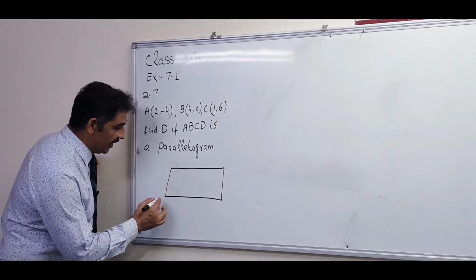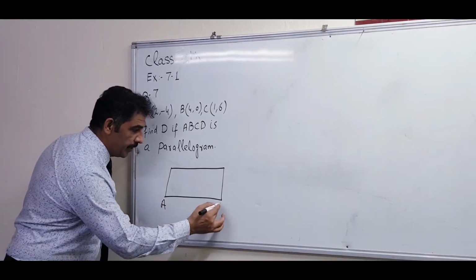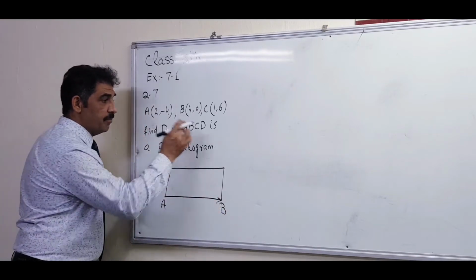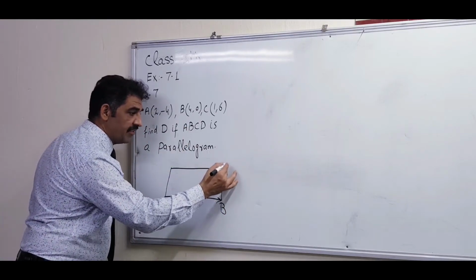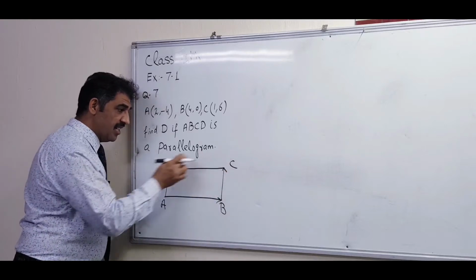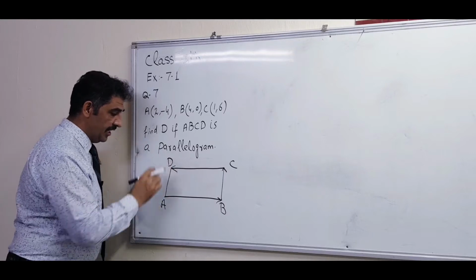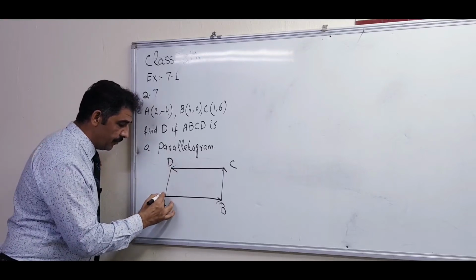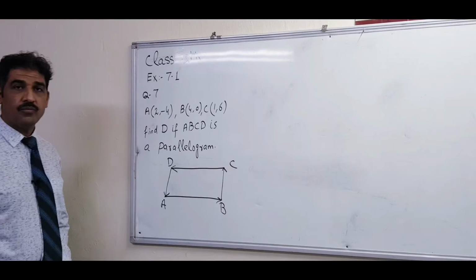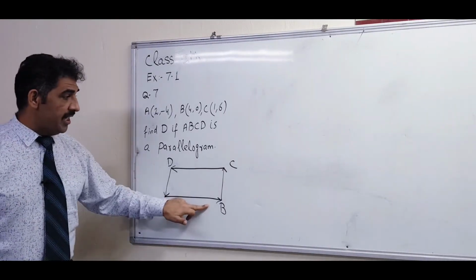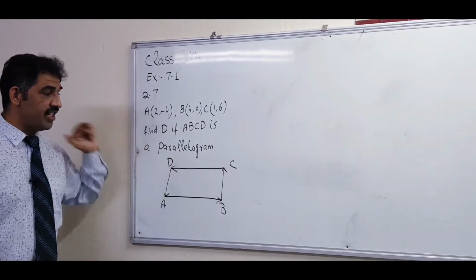You will write AB as a vector, then BC as another vector, then CD, then DA. So these are the vectors AB, BC, CD and DA.